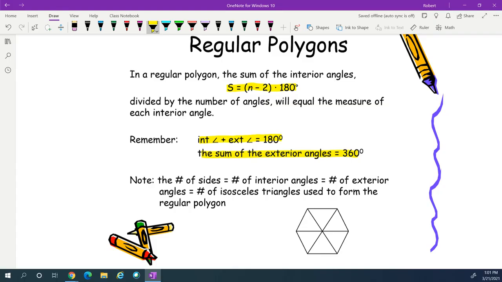And it's important to note that the number of sides, in this case 6, is the same as the number of interior angles, which is the same as the number of exterior angles. And in fact, if we split it by drawing in all the diagonals, it's the same as the number of isosceles triangles. So we have a lot of uniformity, a lot of symmetry, a lot of repetition.